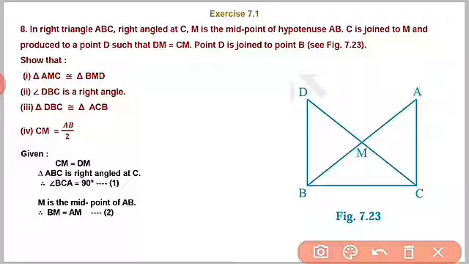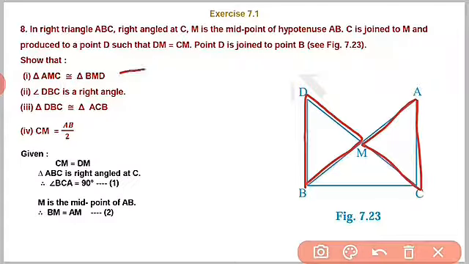In triangle BMD and triangle AMC, first part we have to prove that these two triangles are congruent. So let's take the triangle BMD and triangle AMC. AM is equal to BM.